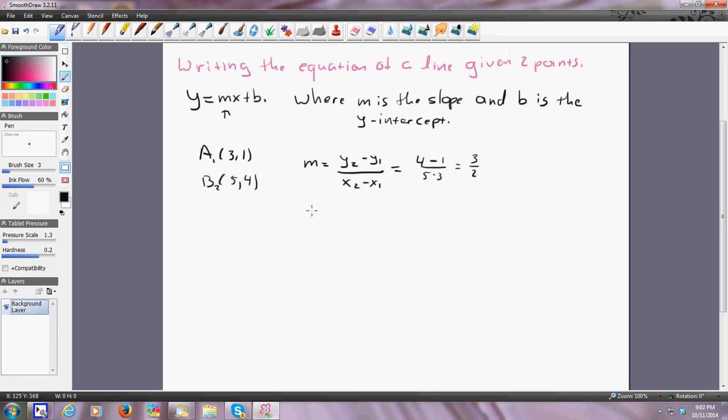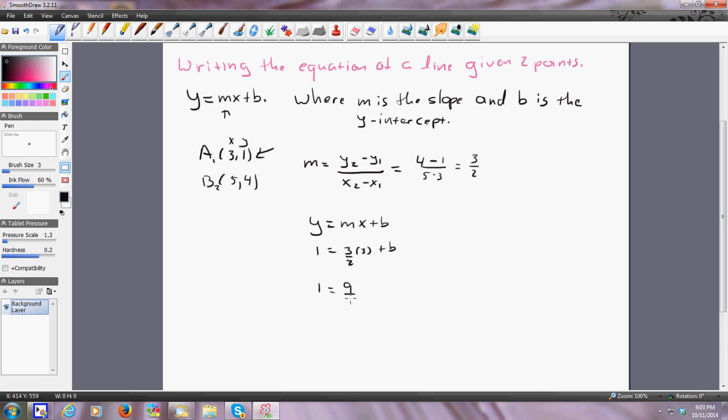Now if my slope is 3 halves, that's great news because I now have one of my variables no longer a variable. And the funny thing is, if I start again with y equals mx plus b, I can choose either one of these points and just plug it in. So I'm going to pick A. Now I know that that's an x value and that's my y value, so I'm going to say 1 equals 3 halves times 3 plus b.